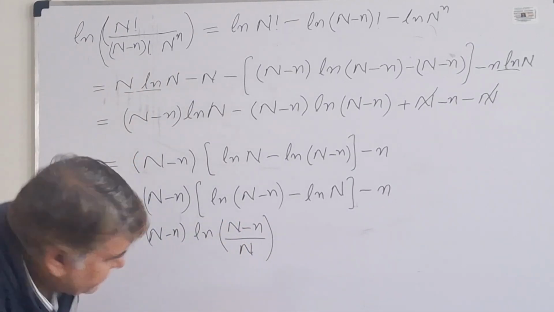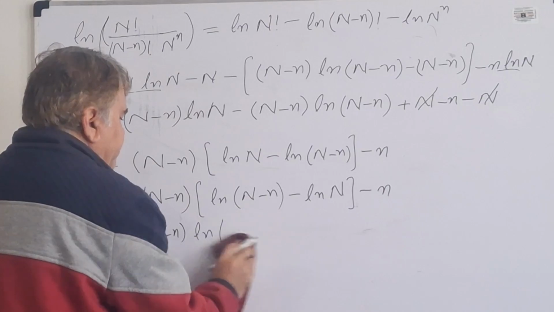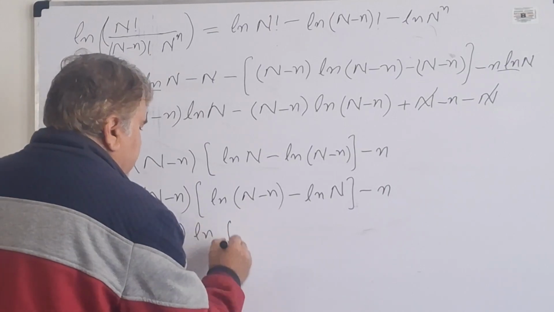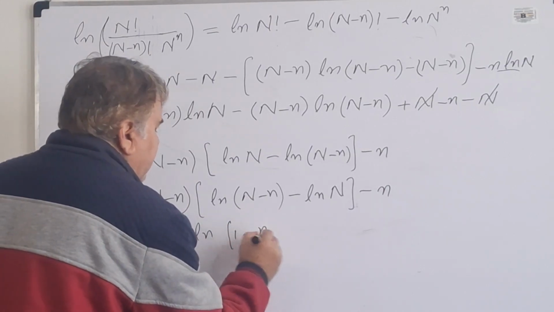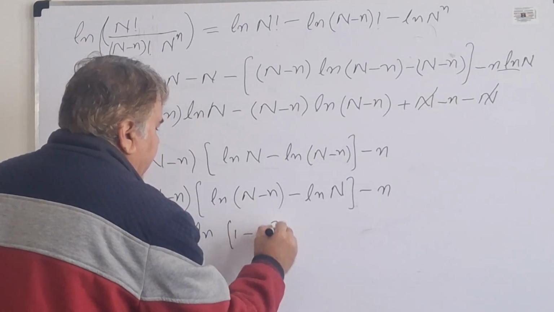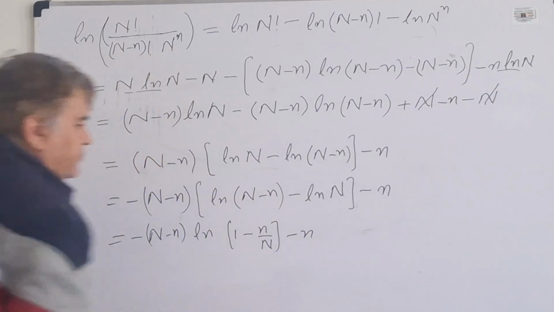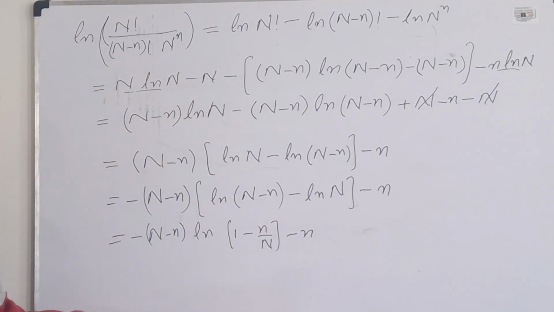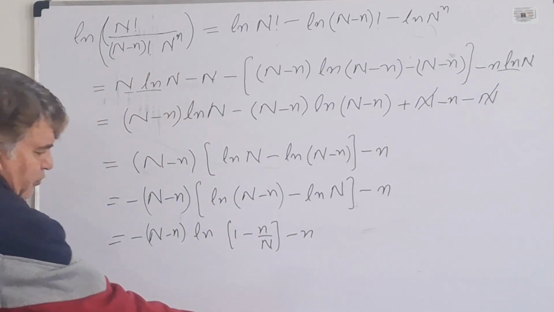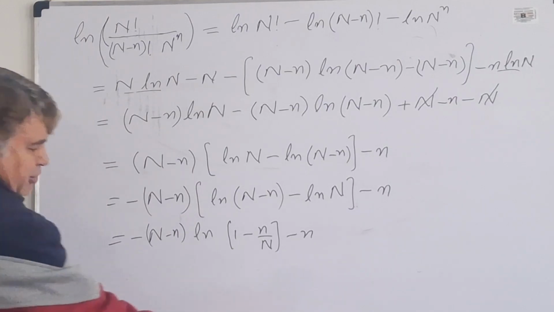or I just write this in the form 1 minus n divided by capital N, log of this thing, minus n. So I just removed this equation, but I'll recall it back when I'll be putting the values.